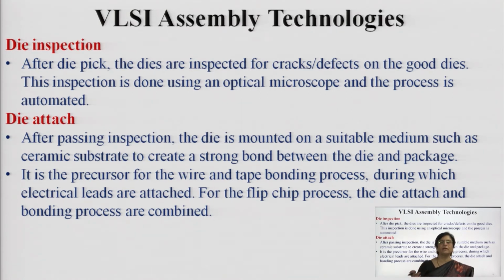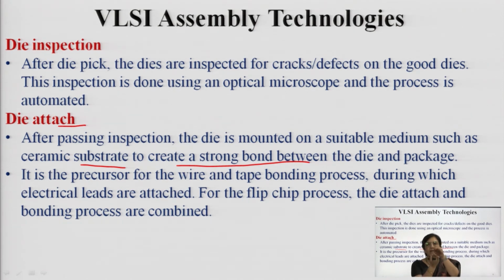Prior to packaging, these dies are then attached. Now what is this attachment? They are basically mounted on a medium, which is either ceramic or some medium which can establish electrical contacts subsequently. So you have something known as a ceramic substrate, so that you have a strong bond between the die and the package. You cannot have a simple integrated circuit loosely fitted into the package.